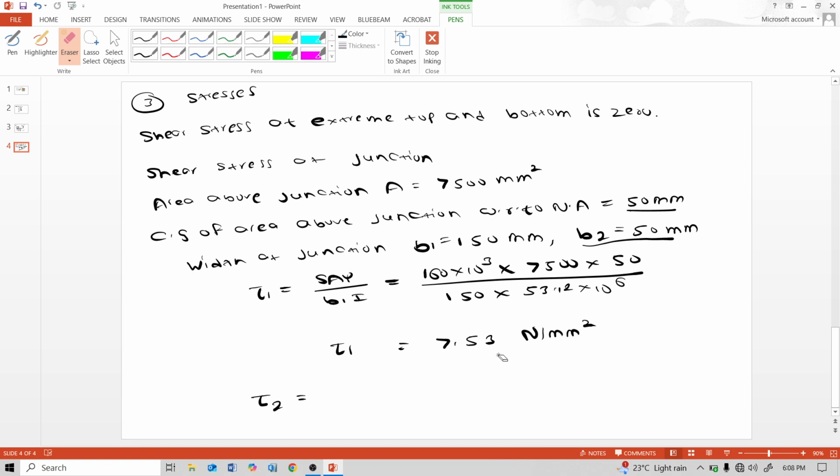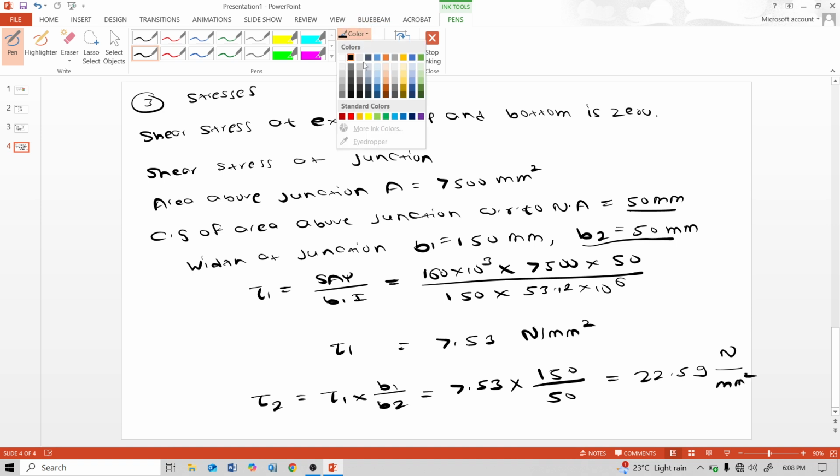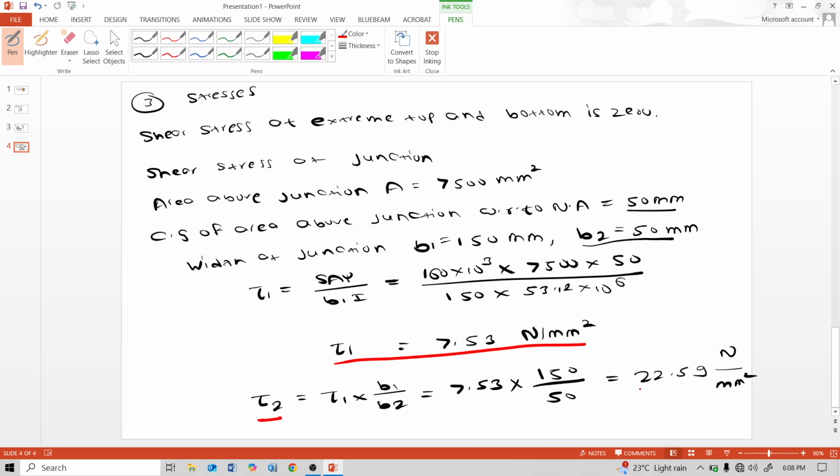Tau 2 is equal to tau 1 into b1 upon b2. Tau 1 is 7.53, b1 is 150 mm, divided by b2, 50 mm. 7.53 multiplied by 150 divided by 50 is 22.59 Newton per mm square. This is tau 1 and this is tau 2.